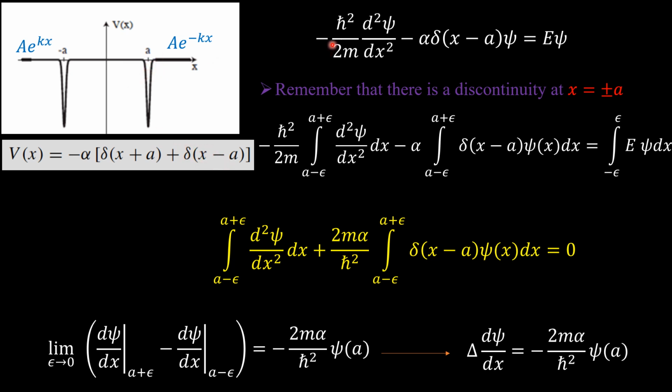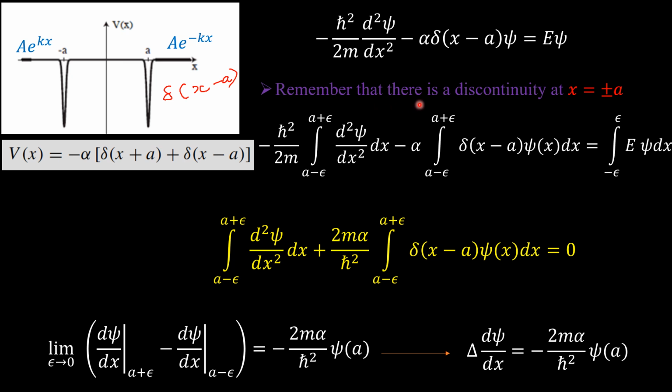So the Schrodinger equation for this problem is minus h-bar squared over 2m d2 psi over dx2 minus alpha times delta(x minus a) psi equal to E psi. See, in this positive x direction the delta function is delta(x minus a), which has non-zero value only when x equals a. So this is the correct option, and we have selected it.